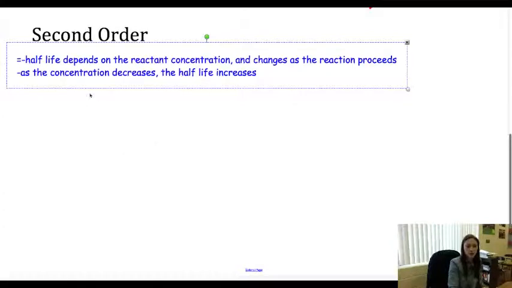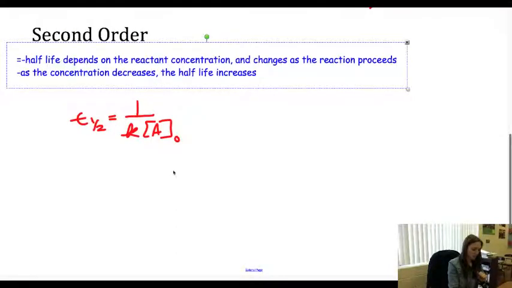As your concentration decreases, the half-life increases, and we end up with T to the 1/2 equal to 1 over the constant times the concentration of A initially, or originally. The lower the concentration, the longer the half-life, the longer it takes for half of it to get used.